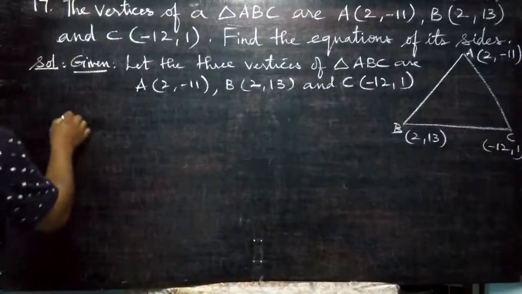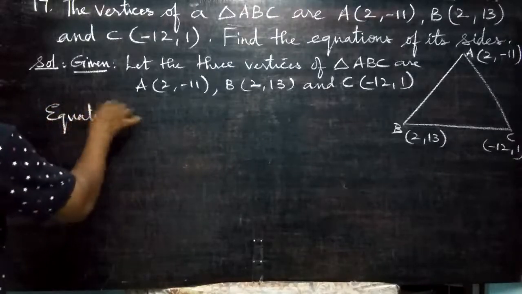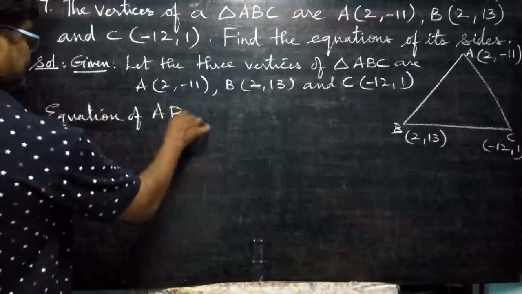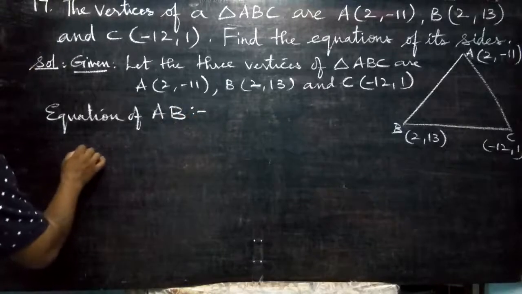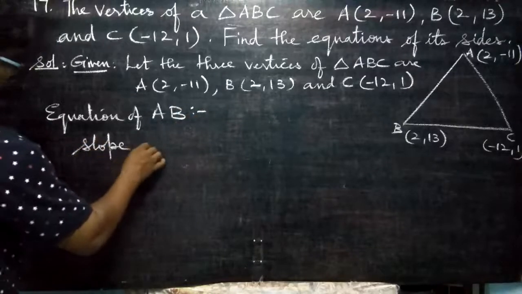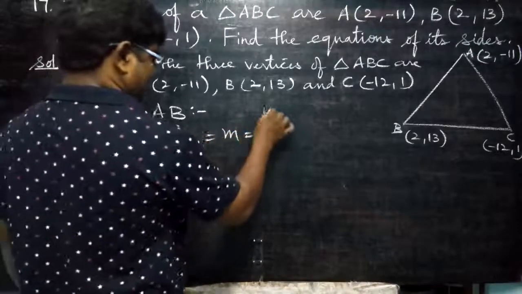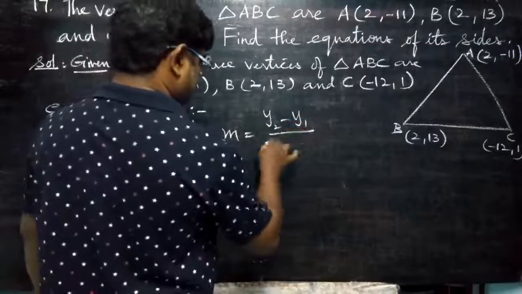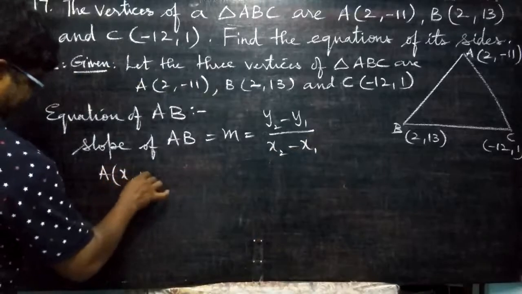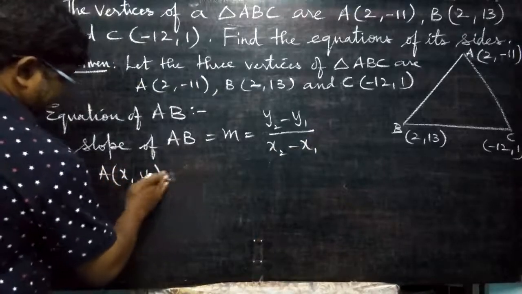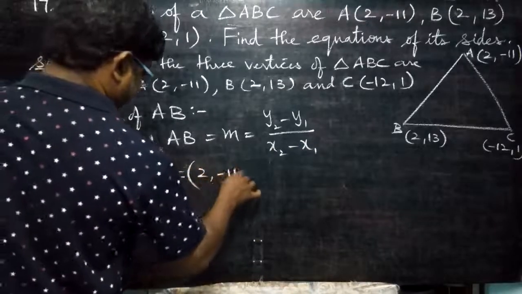Now first take the equation of AB. Before that we have to find the slope of AB. What is the formula? m is equal to (y2 minus y1) by (x2 minus x1). A you think as x1, y1, that is (2, -11).